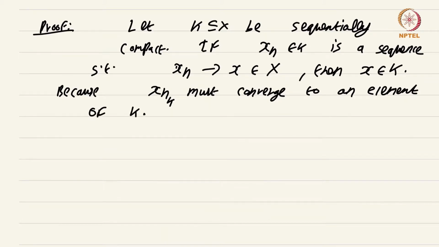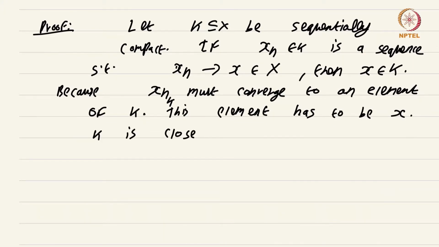This element has to be x itself. This shows that K is closed. What we have shown is any adherent point of K is an element of K.